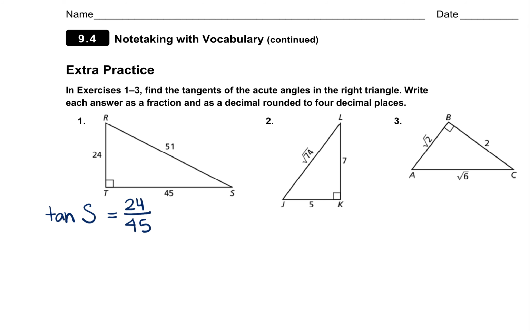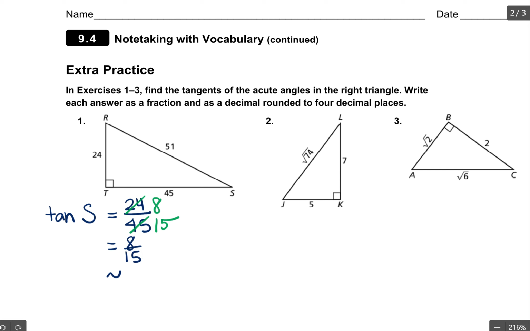And then we can calculate the decimal equivalent to that. We just type that into the calculator, and we're going to get, well, actually, let's reduce it first. That would reduce by a 3, so 3 goes into 24 8 times and into 45 15 times. So we actually have 8/15.